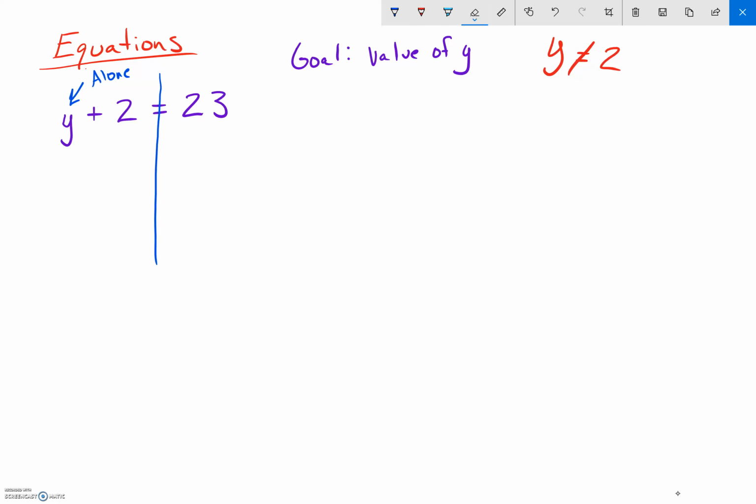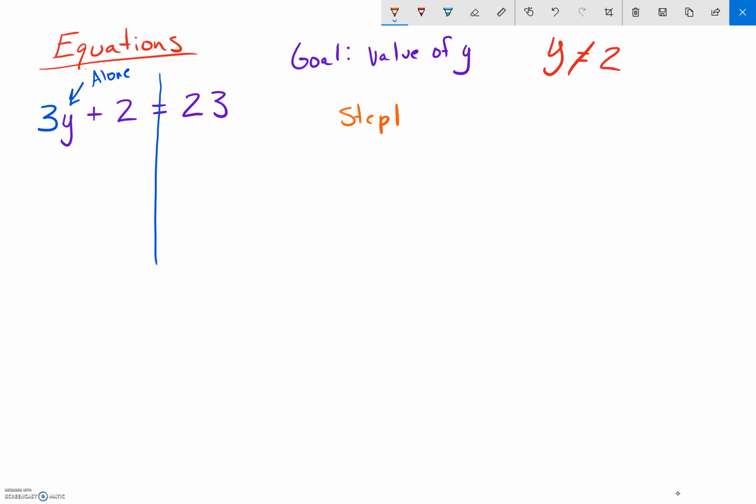That 3 is called a coefficient, and it has a 2 with it, and that 2 is called a constant. The difference between the two is a coefficient is next to the variable, and a constant is just a number by itself. So what we need to do is there are 2 steps.